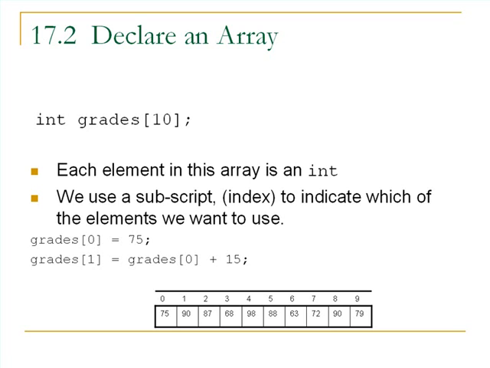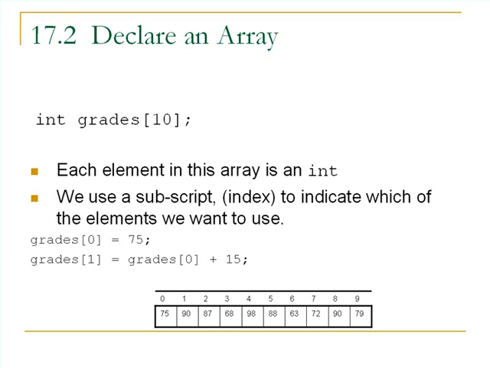The individual grades in the array will be called the elements of the array, and we're going to access those individual variables, the elements, using a subscript or an index into the array to indicate which of the elements we want to use.